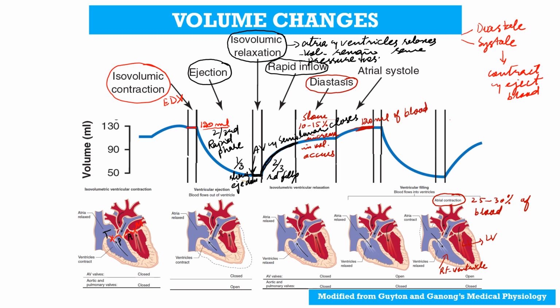After atrial systole, again all the 4 valves become closed. 2 of them are already closed, means semilunar valves are already closed, and after atrial systole, AV valves also close, and volume again in the ventricles reaches 120 ml.